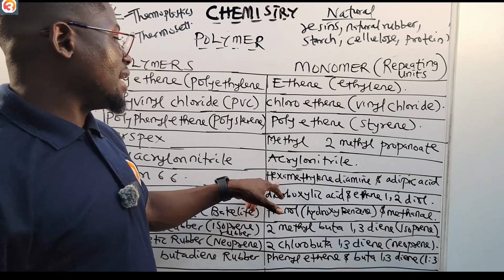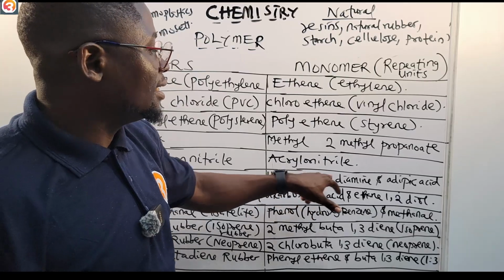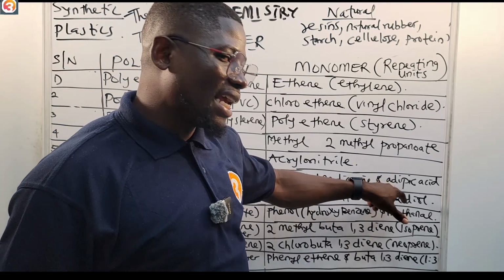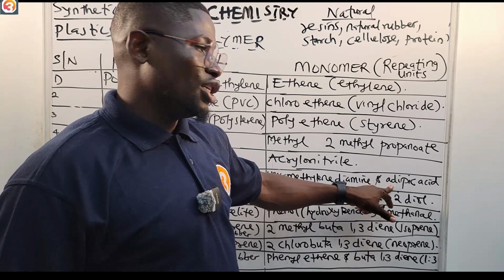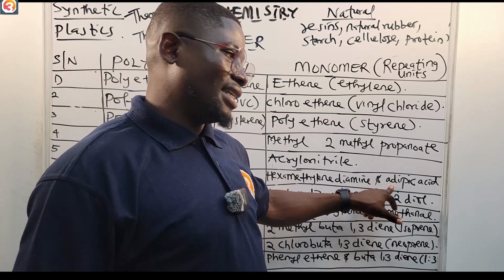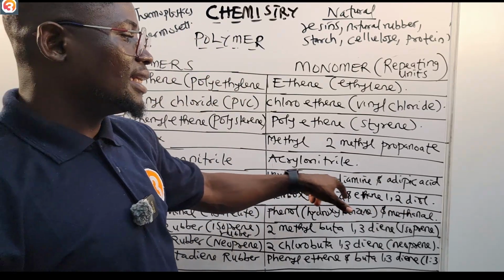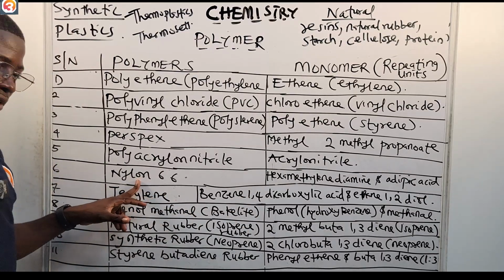One is hexamethylene diamine and the other is adipic acid. This adipic acid is also called hexanedioic acid. So adipic acid and hexamethylene diamine are the monomers that make up this nylon 6,6.